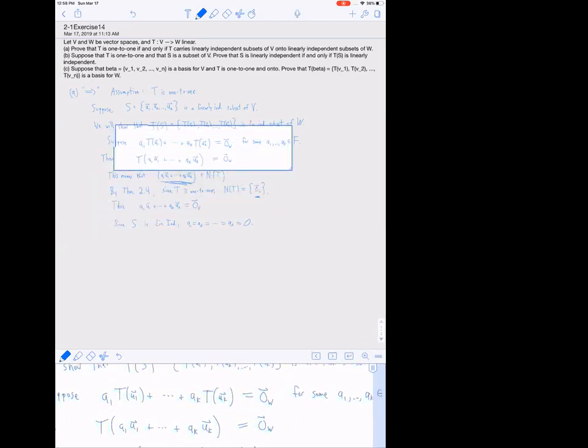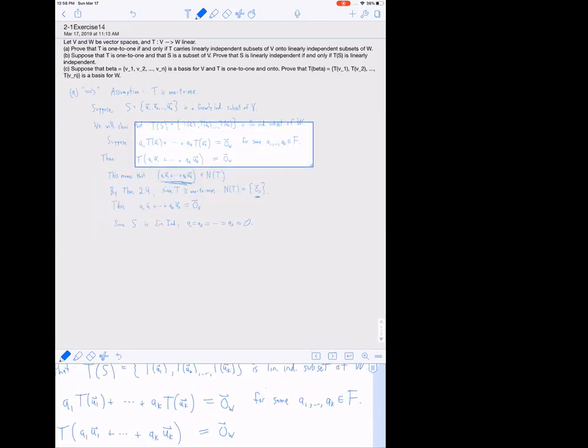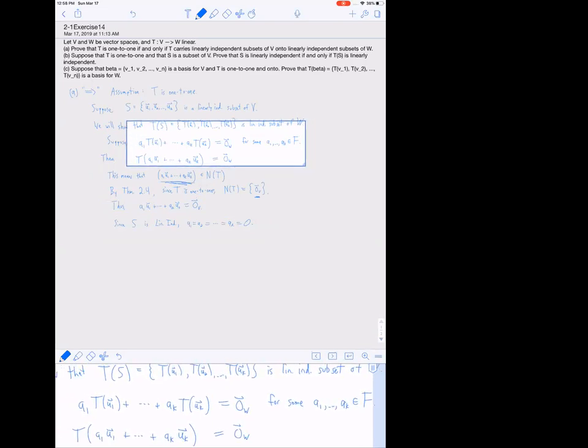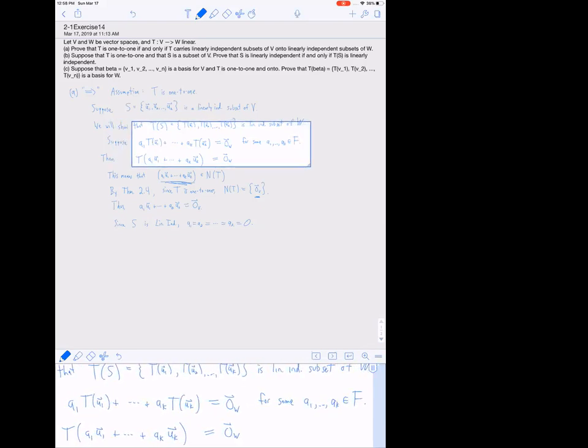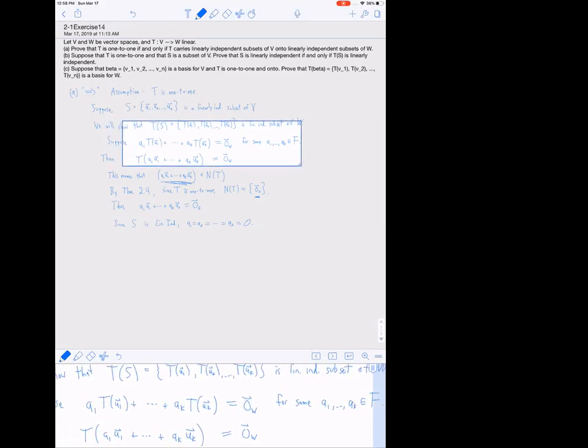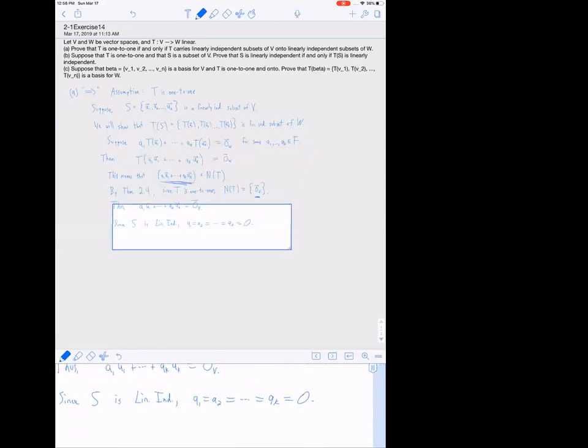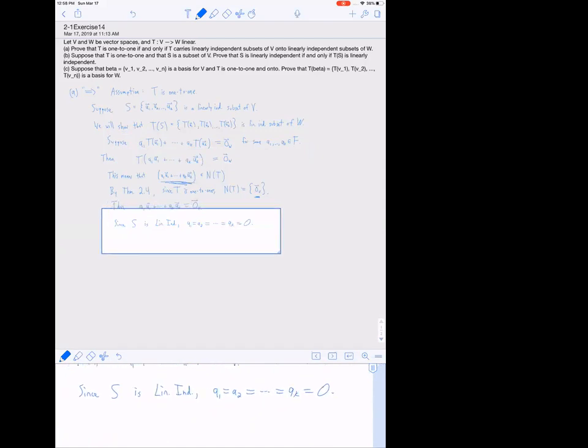But these were the coefficients that we started with when we were representing the 0 vector in W using the vectors from T of S. So we started with arbitrarily chosen A1 through AK that gave us a representation of the 0 vector, and we ultimately concluded that those coefficients would have to be 0.